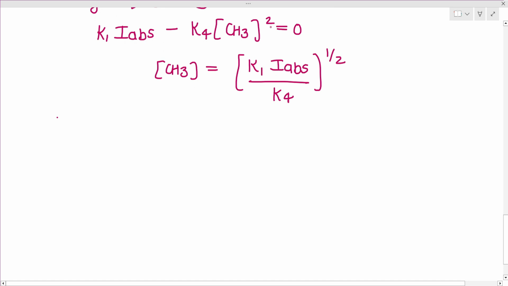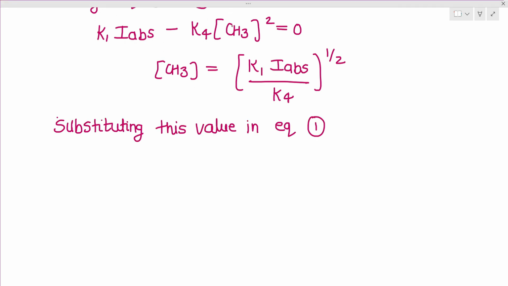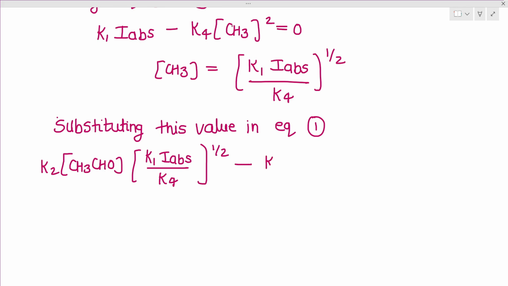Okay, now you can substitute this value in equation number 1. What you are getting? You are getting k2 [CH3CHO] k1 I absorbed upon k4 to power half minus k3 [CH3CO] is equal to 0. This you are getting. Okay.